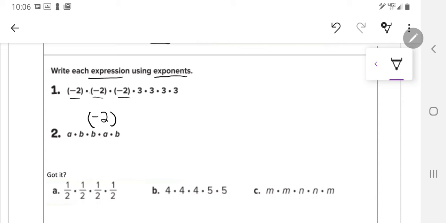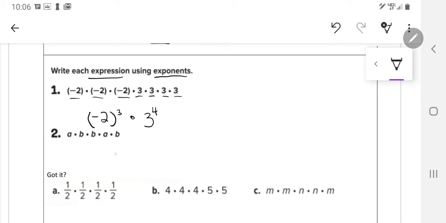And since we used it 3 times as a factor, we use the exponent 3. Now we find another common factor here. That factor is a 3. And how many times did we use it as a factor? 4 times. So that is the original expression written with exponents.